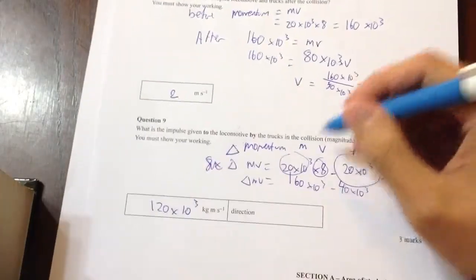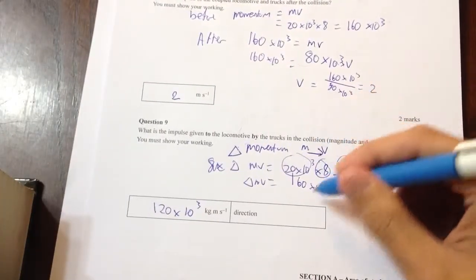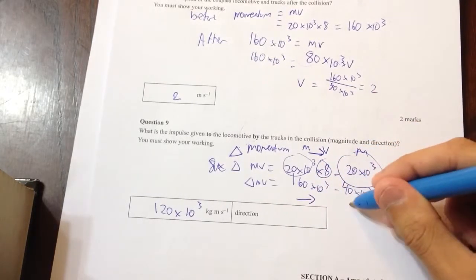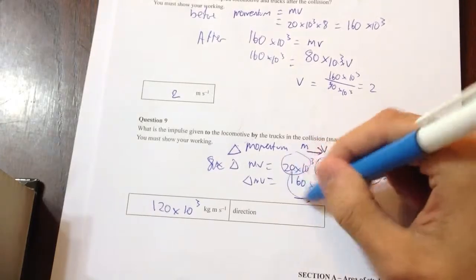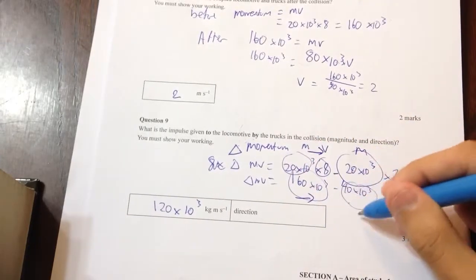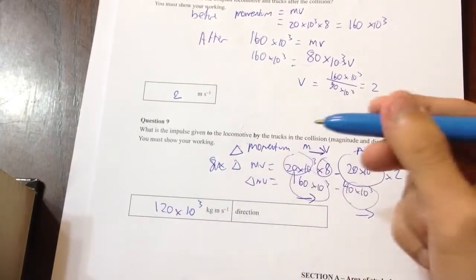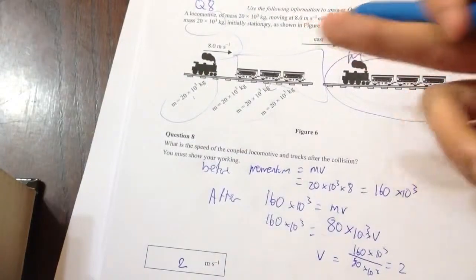Initially it was moving this much in that direction, and at the end it was moving this much. So it must have lost 120 going in this direction. That's what the trucks did, and it's kind of obvious that the trucks would have stopped its momentum by going that way.